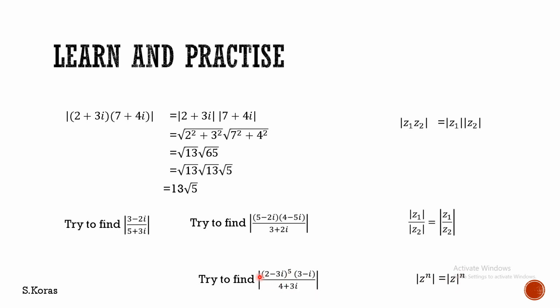So if you simplify this, you can write this as modulus of 2 minus 3i whole power 5 into modulus of 3 minus i divided by modulus of 4 plus 3i. Just take modulus and simplify it. So this is the easiest method to find modulus of the given complex number. Practice this. Moreover, by seeing your textbooks, example sums as well as exercise sums, if you practice them, it will be very helpful. Thank you.